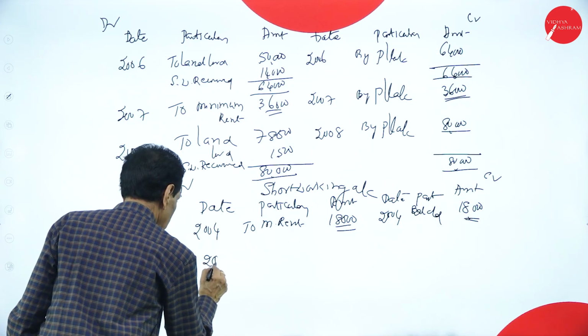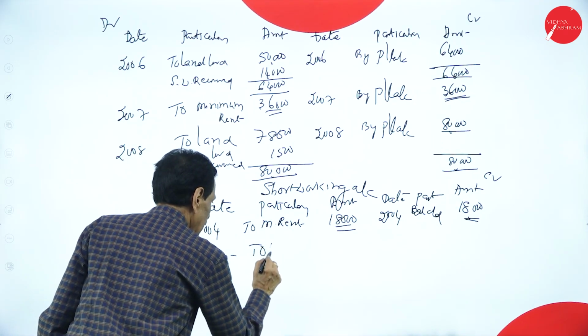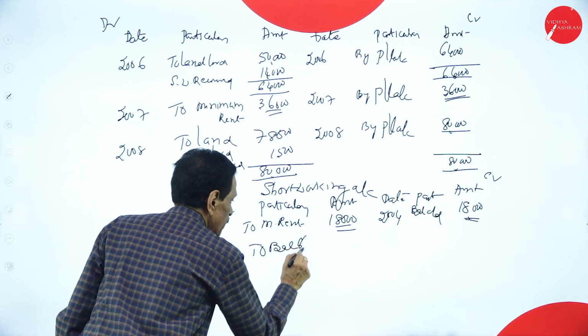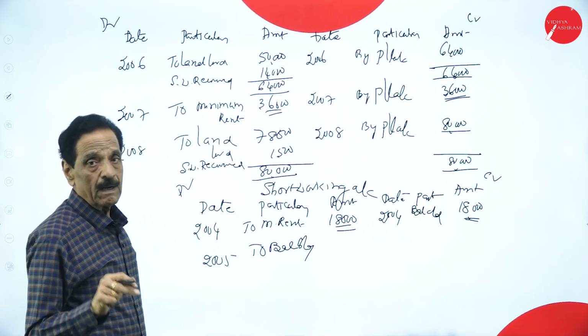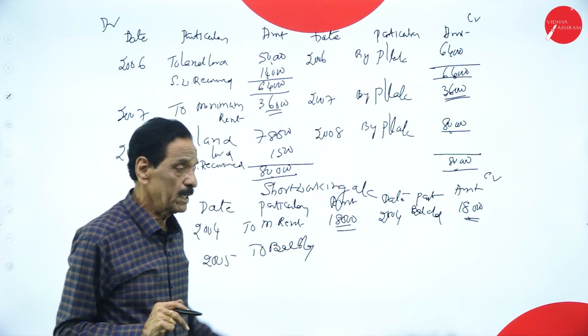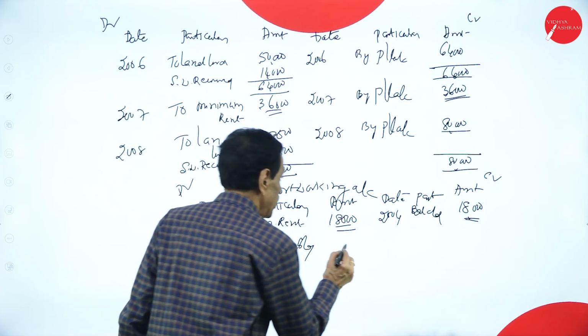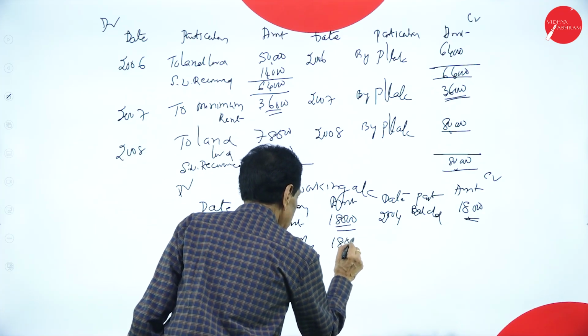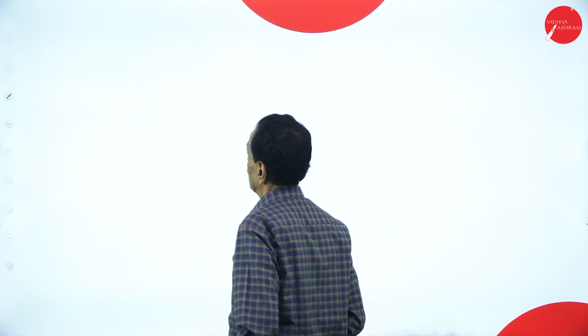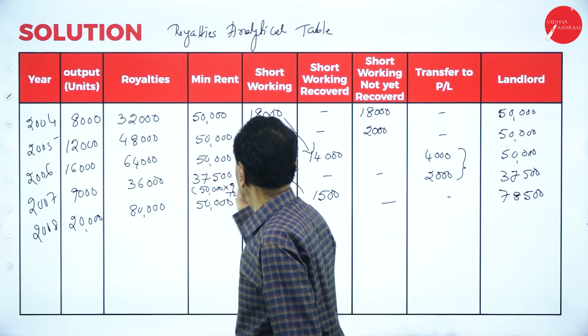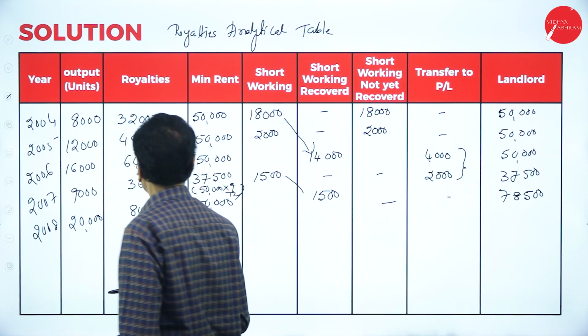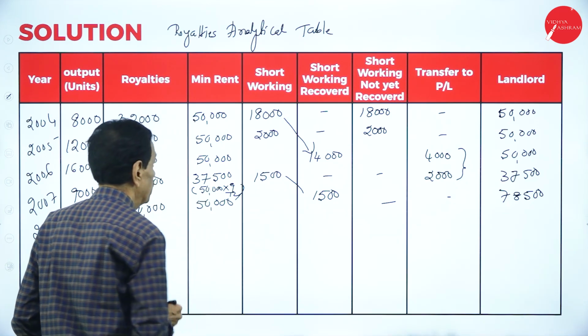2005, to balance brought down. What is it? Entry royalty is only 32,000. How much shortage? 18,000 brought down. Then see the 2005. Once again, royalty is less than the minimum rent.